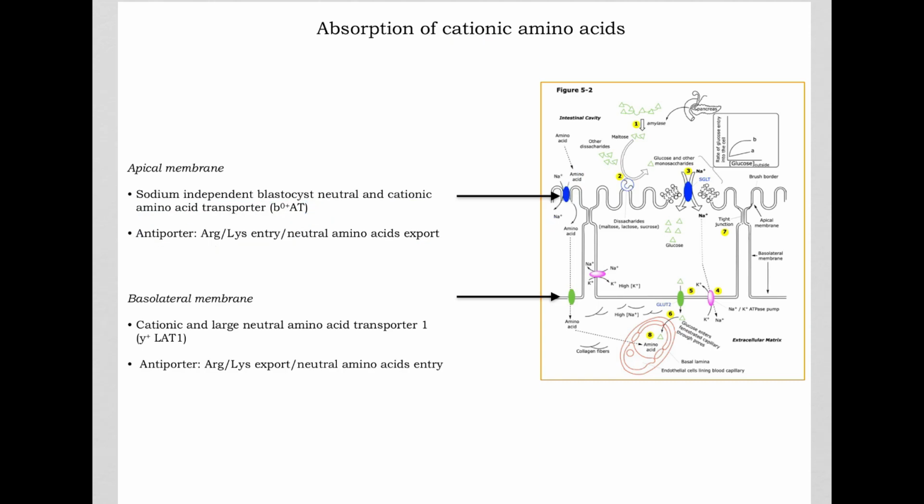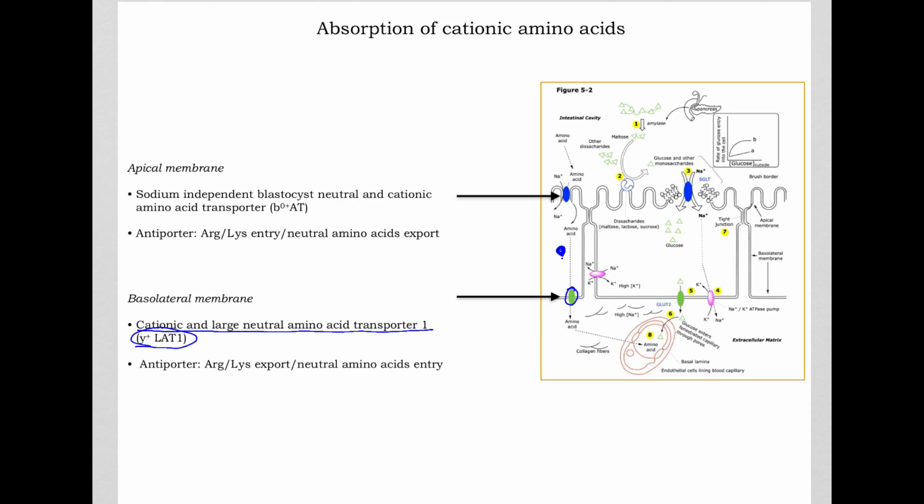So once these cationic amino acids are in the intestinal cell, then on the basolateral membrane, we have these proteins called cationic and large neutral amino acid transporter 1 or Y plus LAT1.